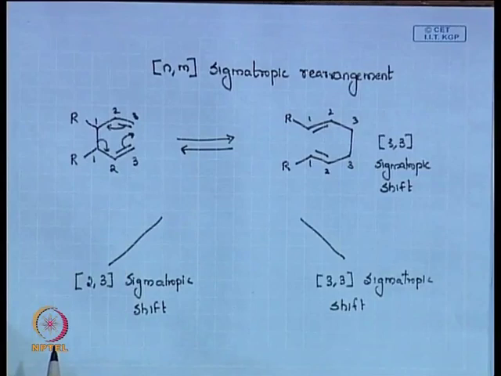So, what did you study in 3,3? In 3,3 you have a lot of reactions, right? What are they? Cope, Claisen. Claisen has a lot of modifications. Then in sigmatropic 2,3 you have Wittig, Stevens, Sommelet-Hauser, right.